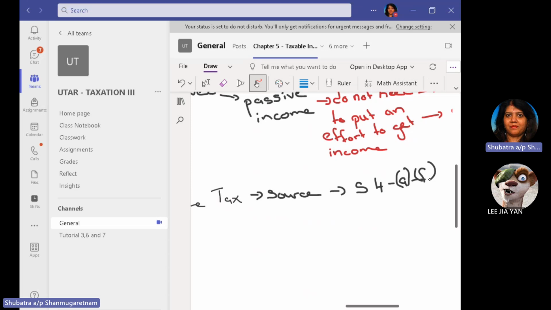So if your income falls under any one of these sources, it automatically becomes a taxable income, which means that you would be subjected to tax. All right? Do you understand?